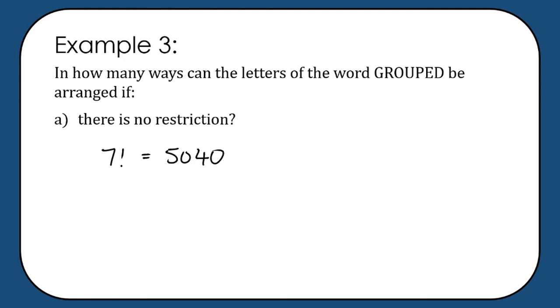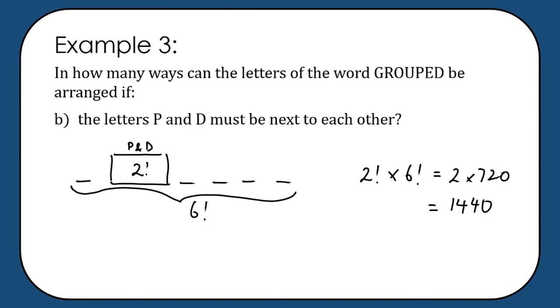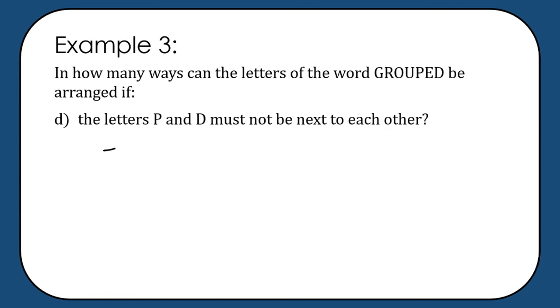In part A, we worked out that there are 5,040 different arrangements, and in part B, we worked out that 1,440 of those arrangements have P and D together. So that means that we need the total number of arrangements minus the arrangements with P and D together.